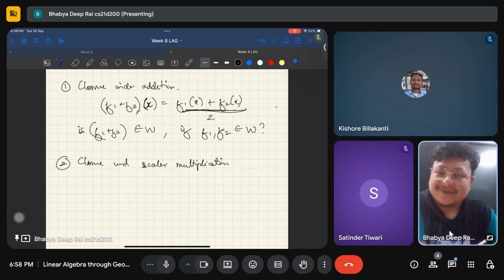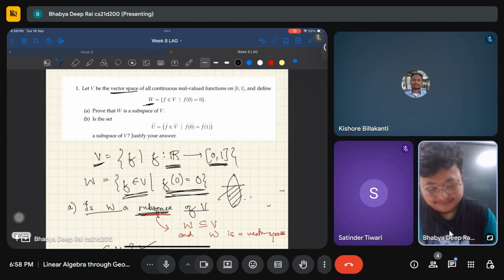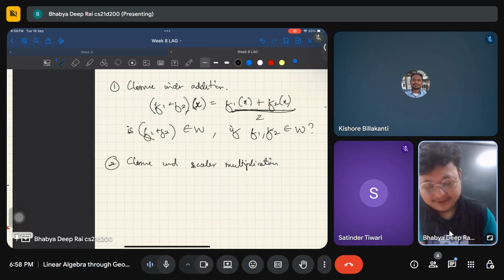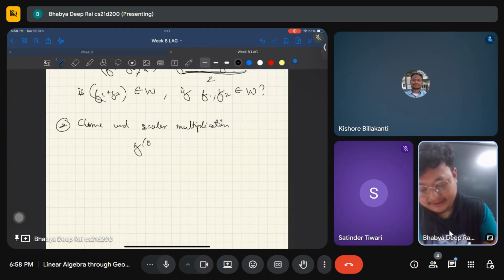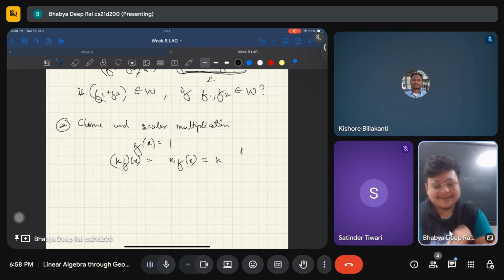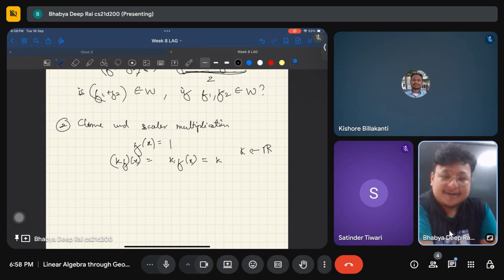This too will be a problem because if f of x is equal to 1, then k times f of x is just k, where k is a real number, right? So again, this creates a problem. How do we force it to be a vector space? How do we force it to be closed?